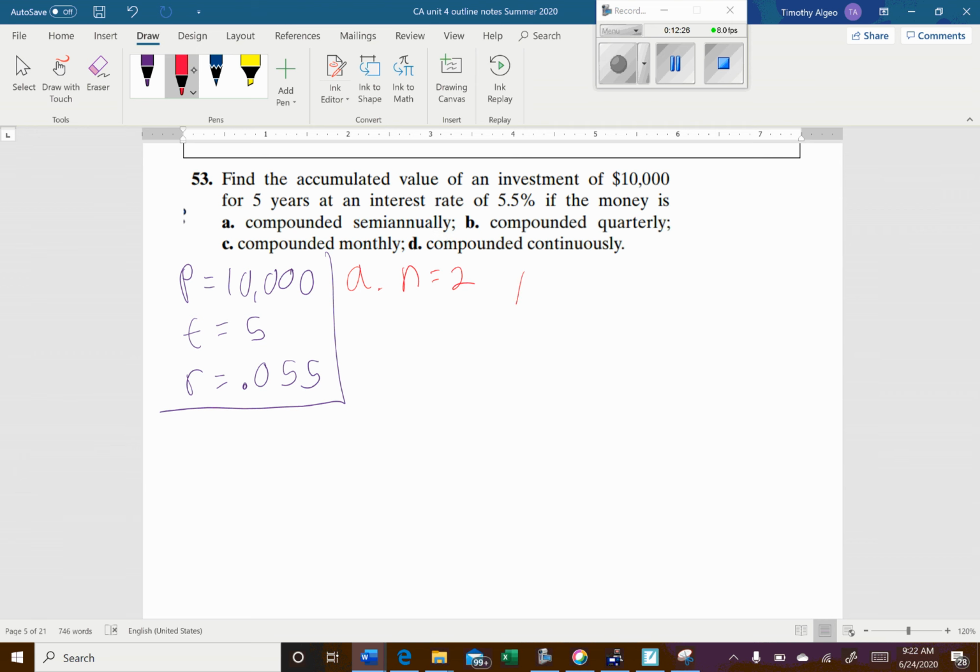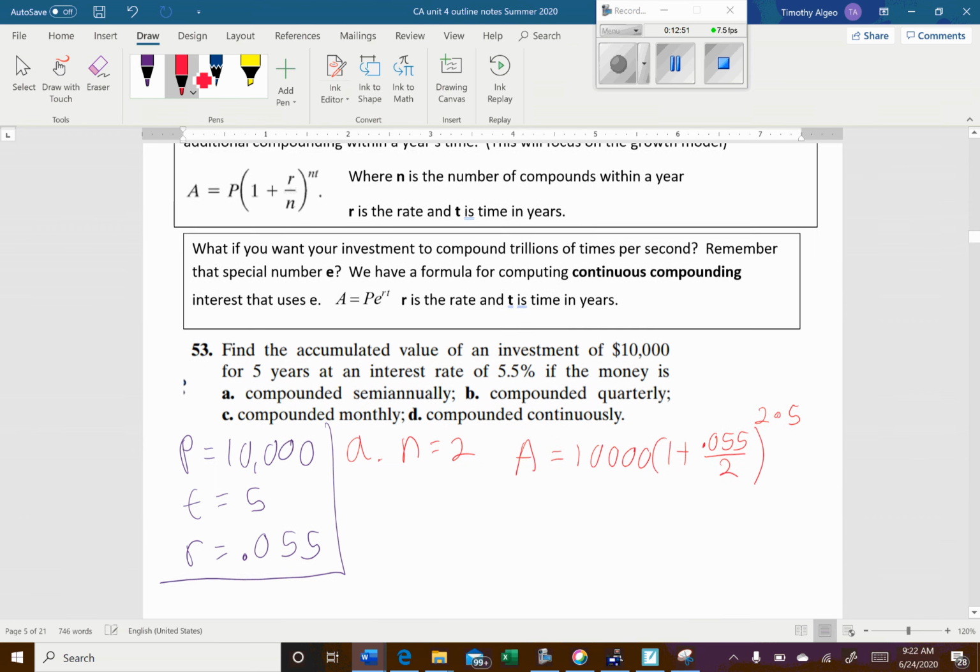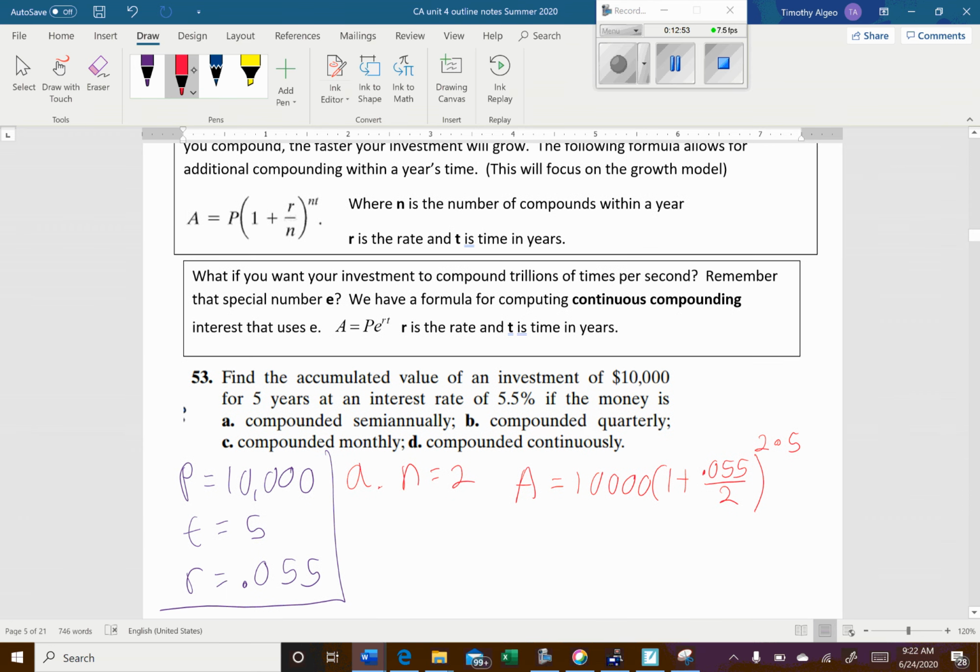It's going to be A equals, I'm investing $10,000, and then 1 plus my rate of return, which is 0.055, all divided by my n value, which is 2, and then raised to the power of n times t, which is 2 times 5. If you look back up at my formula, I'm just plugging all that stuff in.